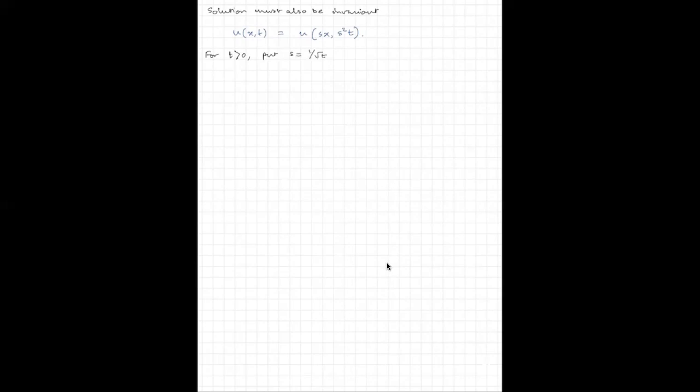So the solution is a function of a single variable now, which is x over root t. Let's call this y. So the PDE becomes an ODE.